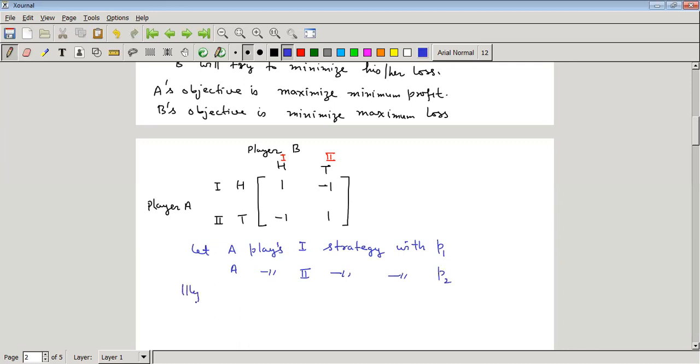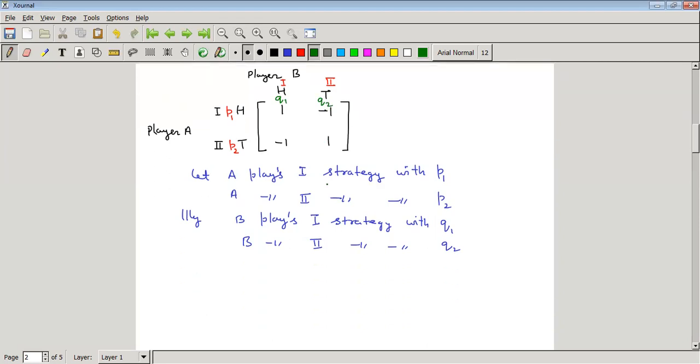Similarly, B plays the first strategy with Q1 proportion of time and B plays the second strategy with Q2 proportion of time. So A plays first with P1 time, second strategy with P2 time, and B first strategy with Q1 time and second with Q2 time.